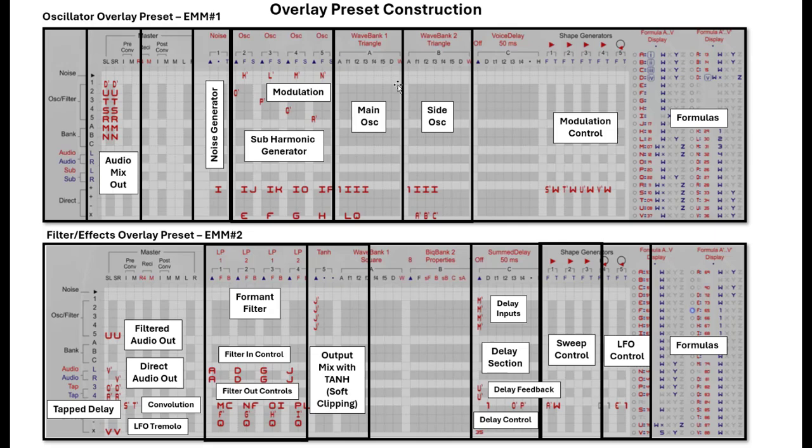This isn't trying to exactly replicate the Mixtur-Trautonium, but be representative of it and add a few nice new creative things in as well. So we have Wavebank 1, that's going to be our main oscillator, Wavebank 2, that'll be our side oscillator, and we'll add some detuning on that as in the original.